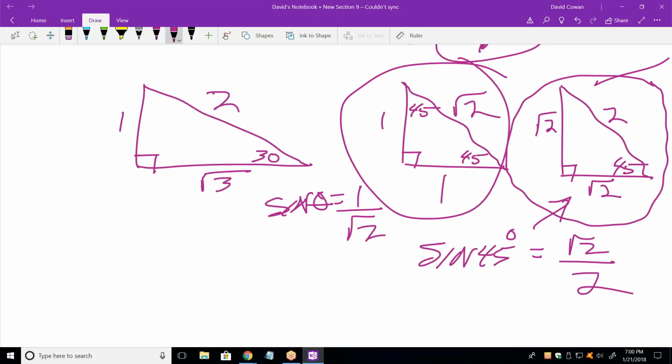The reason is the following. I call these my unit special triangles, and I get the word unit from the fact that opposite the smallest angle is 1 in both cases. So that's why I like using this one, because then it fits the definition of my unit triangle.